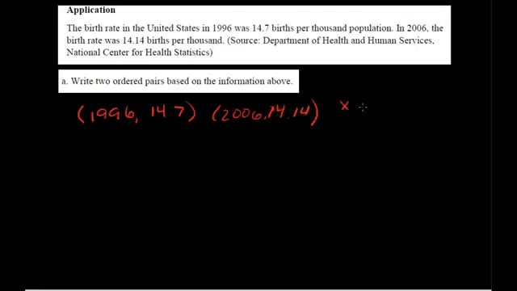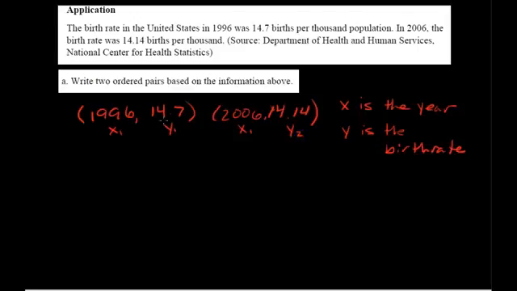And if I define what x is, the year, or a given year, and y is the birth rate. Sometimes it's a good thing, especially with a word problem, to define what your variables are. In this case, x is year, y is birth rate.